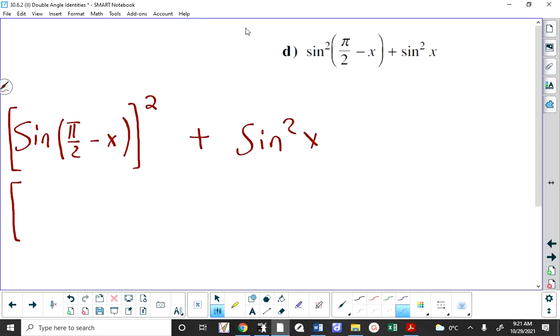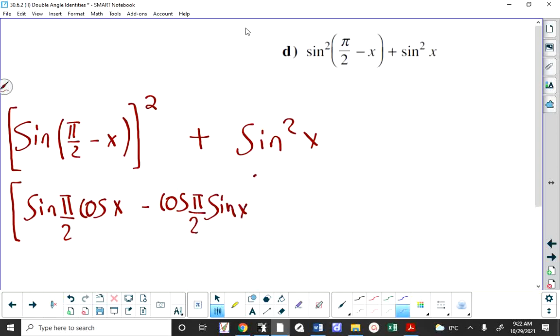I'm going by memory here, but I think the sine identity for the difference of two angles is the sine of the first angle multiplied by the cosine of the second angle minus the cosine of the first angle multiplied by the sine of the second angle. How did I do? That's correct.